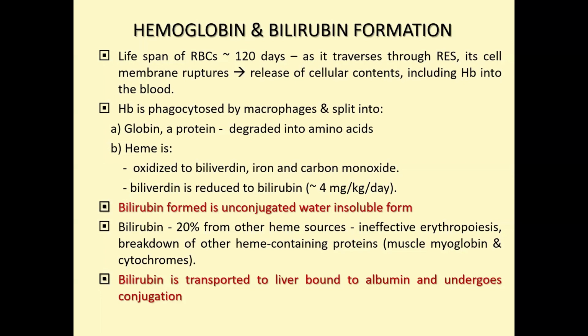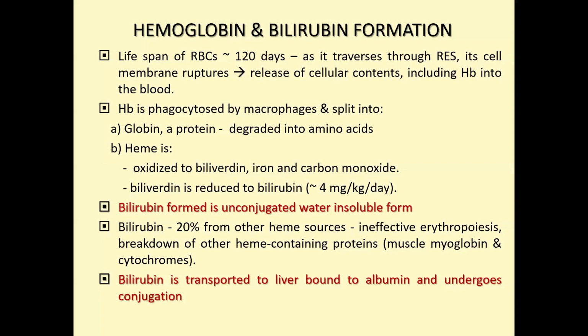And because it is unconjugated, as I also heard in the morning lecture, it needs albumin. Albumin transports many of the hormones, like cortisol binding protein. Albumin's main function is transporting many molecules because most of the molecules are not soluble in water. So albumin transports like a ship, it carries. So bilirubin is also transported to the liver bound to albumin.